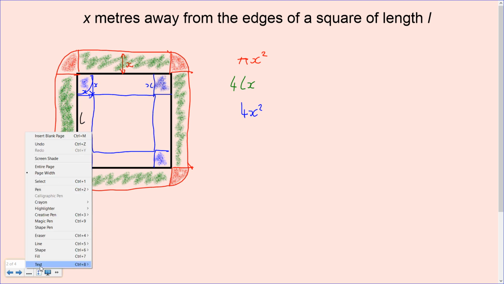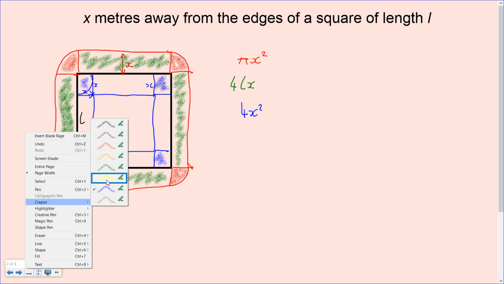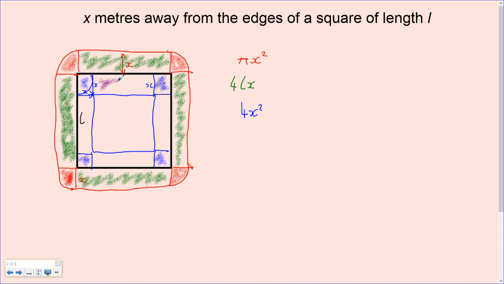Every length is x. And then the last bit that I need to do is a bit I'm going to colour in purple here, these rectangles. Now these rectangles have a width of x, and their length, well, the total length all the way is L. But we've got to take away the x at the top and the x at the bottom, so their length there is L subtract 2x.